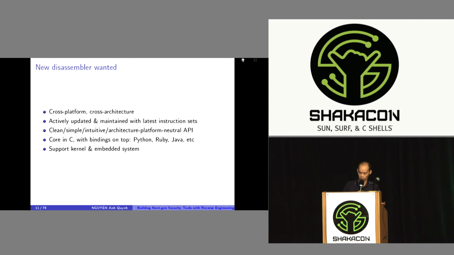So I wanted a new disassembler with these requirements. I want something that runs on all platforms, all operating systems, be it Windows, Linux, Mac, iOS, Android, and so on. It should work for all the popular architectures, be it Intel, ARM, ARM64, MIPS, PowerPC, Sparc, and so on.